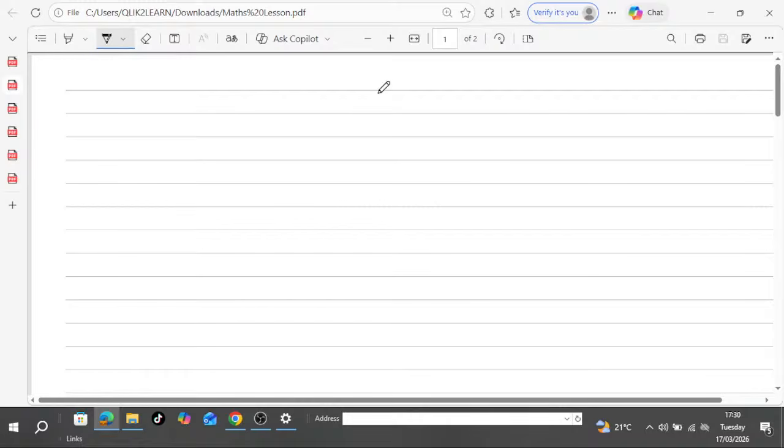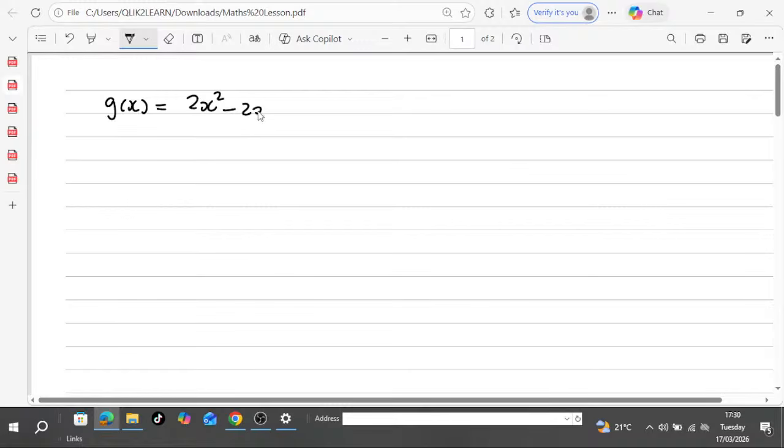Let's say we have g at x equals 2x squared minus 2x minus 12, and we also have f at x, which is equal to 2x minus 6. So we have a quadratic function and a linear function.